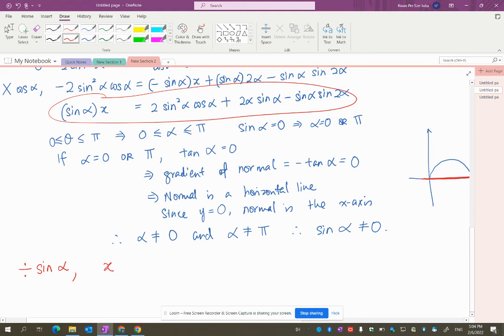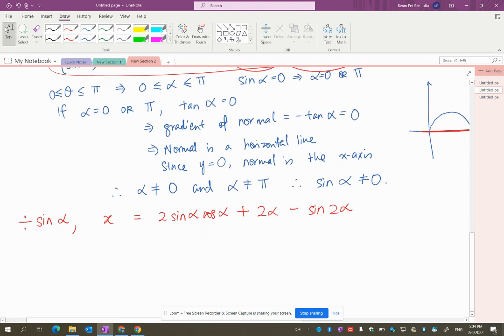So we have x, and then for this term we have 2 sine alpha cosine alpha. Then we divide by sine alpha, and we get 2 cosine alpha for this term. Then for this term, we have sine 2 alpha. Finally, we see the relationship between these two terms.